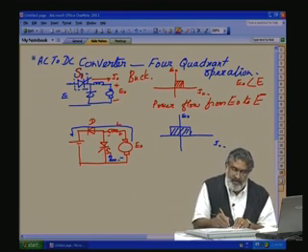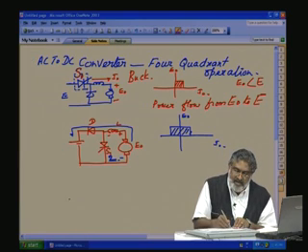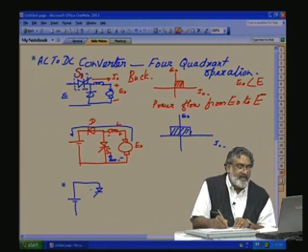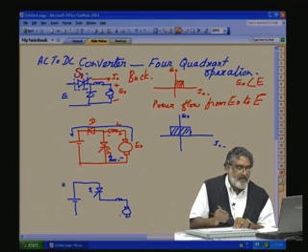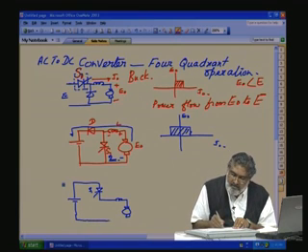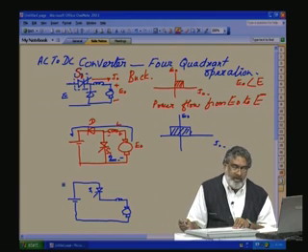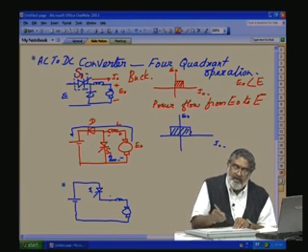So, how will the circuit be? E is still E here. This is our old S1. S1 comes here. This is our load. The freewheeling diode is this one.